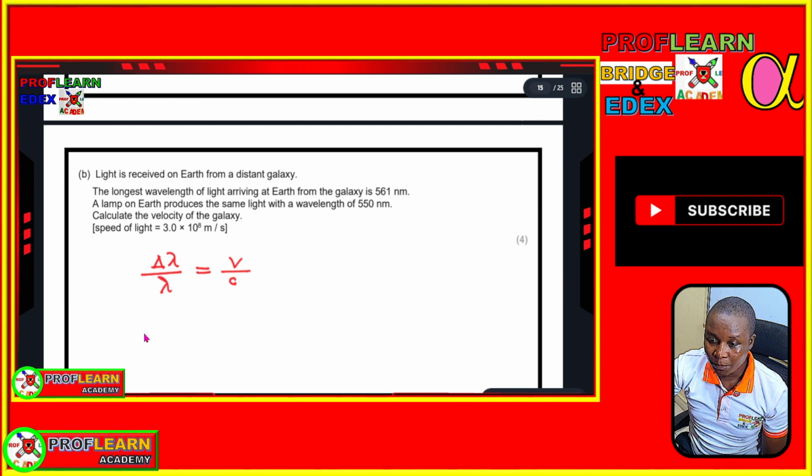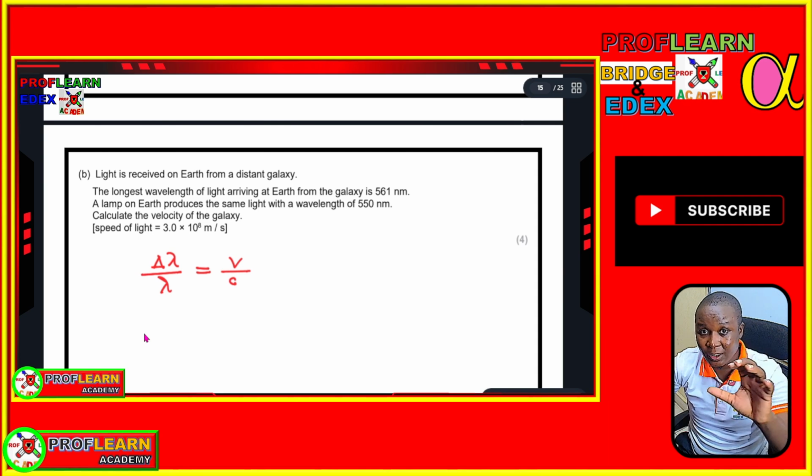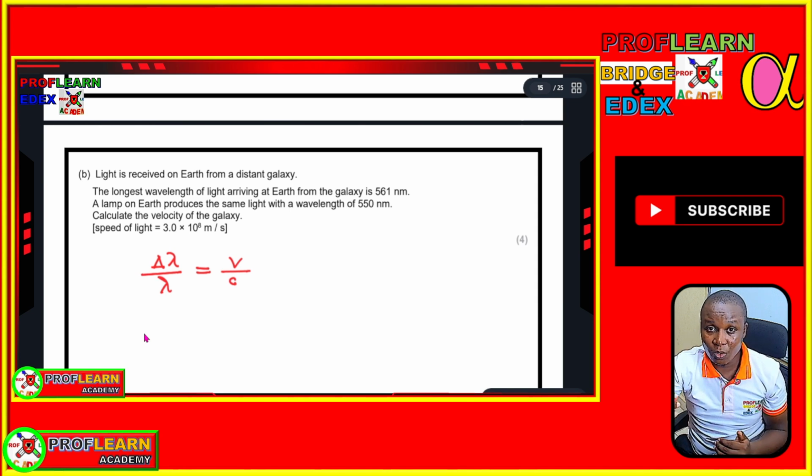The lamp in the lab on Earth produces the same light at 550, but the light observed from that galaxy is 561. So you can see the wavelength is longer. This is the red shift that we were talking about.